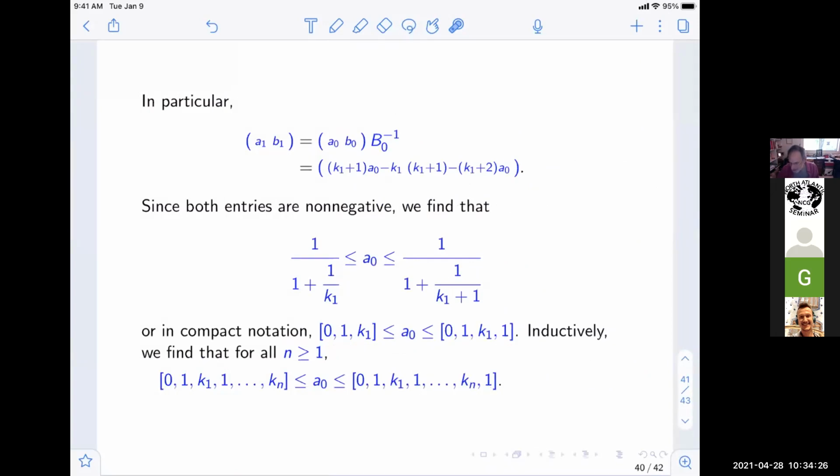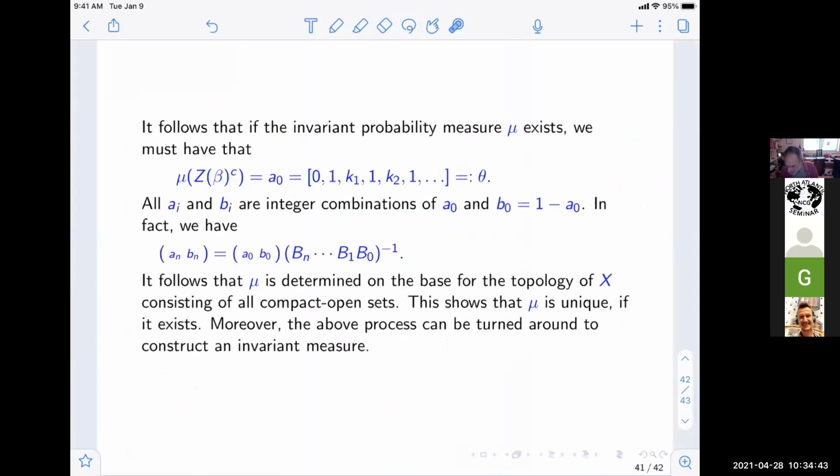And now let me just say that if you apply the B_1 inverse, B_2 inverse, you can get a similar kind of inequality for every n. And this tells us that A_0 is determined by the sequence k_i. So A_0 has to be the measure of this set, and it has to be given by this infinite continued fraction.